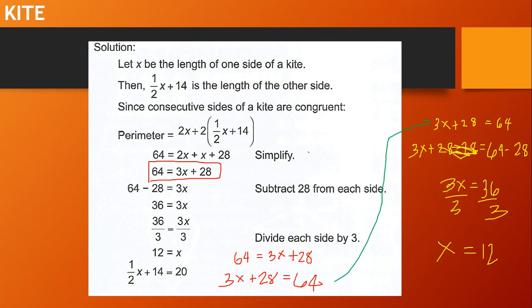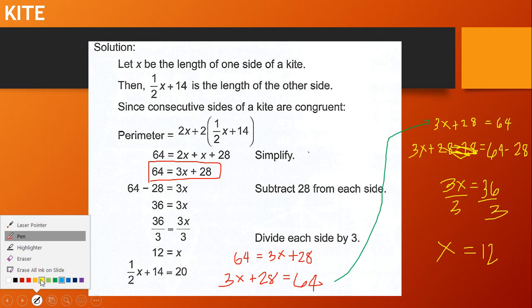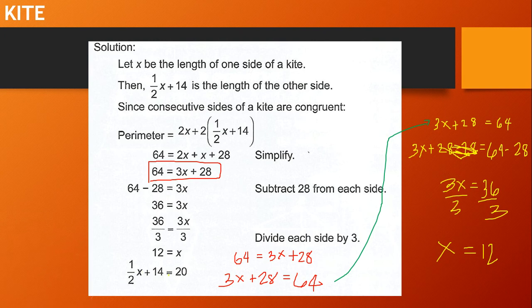Okay, next, how about 1/2 x plus 14? So how to solve 1/2 x plus 14? So as you can see, 1/2 x plus 14 equals 20. So let's write again 1/2 x plus 14. So we have the value of x, which is 12. All you have to do is to substitute the value of x, which is 12, to this algebraic expression.